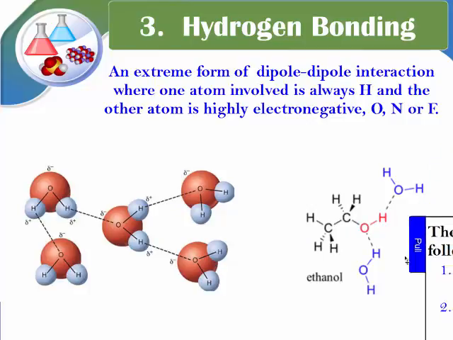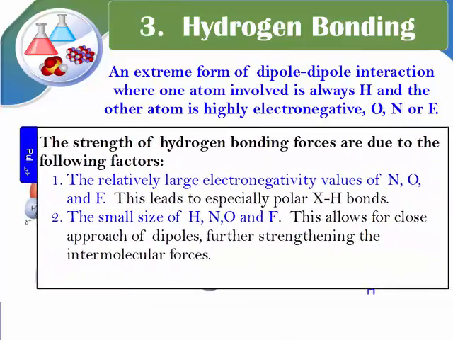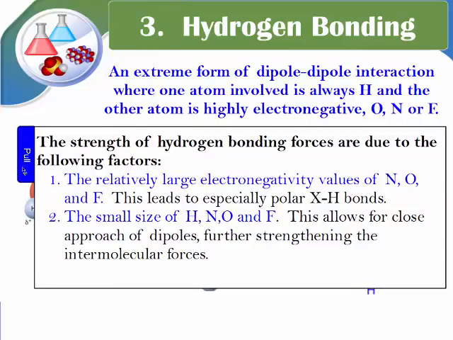The reason hydrogen bonds are such strong dipole-dipole interactions is the same reason that a dipole-dipole is strong. In order for a dipole-dipole to be strong, we wanted a large polarity difference. Well, N, O, and F are all very electronegative, leading to a very polar bond.